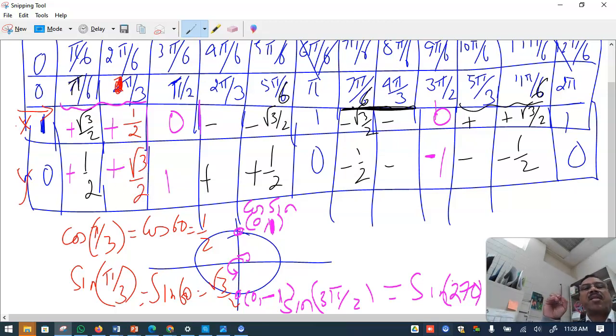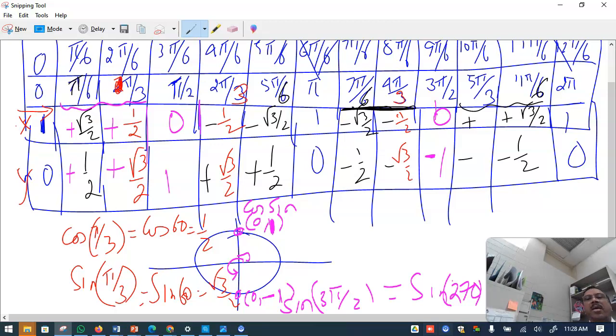Now look for where else there is a pi by 3. See, there is a pi by 3 here, so this also is half and root 3 by 2. And again there is a pi by 3 here, so it is half and root 3 by 2. And you fill the whole thing.